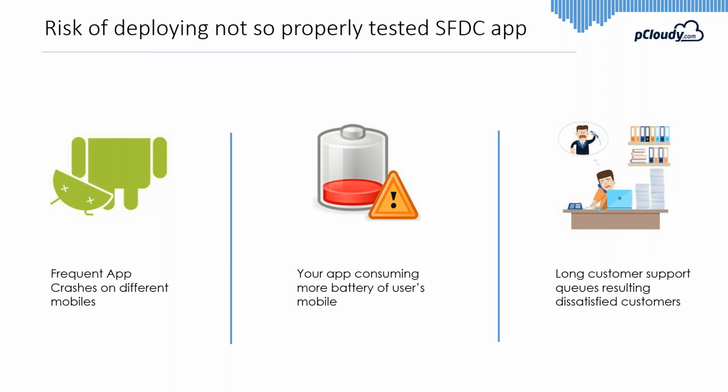Let's say we have tested on one device which works fine, but on a different Android version from a different manufacturer, it might crash. So this complete traceability, or this complete matrix of different Android versions and different screen sizes, needs to be checked properly before deploying the app on the Play Store.